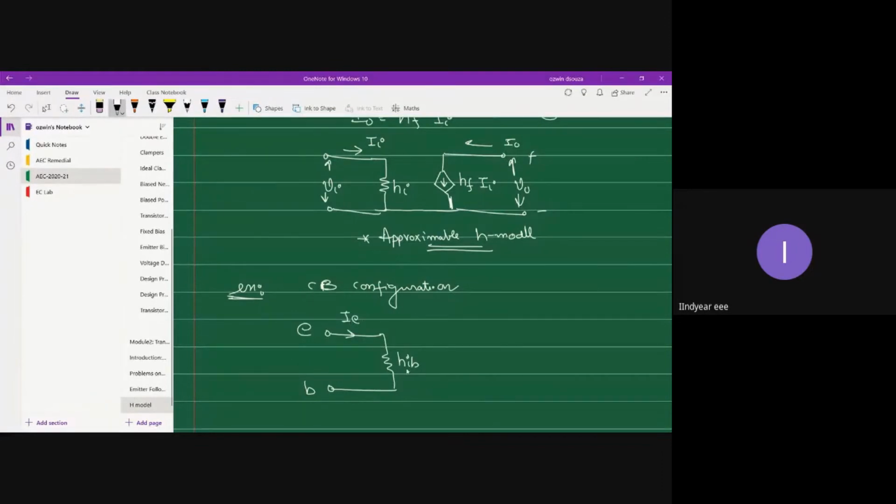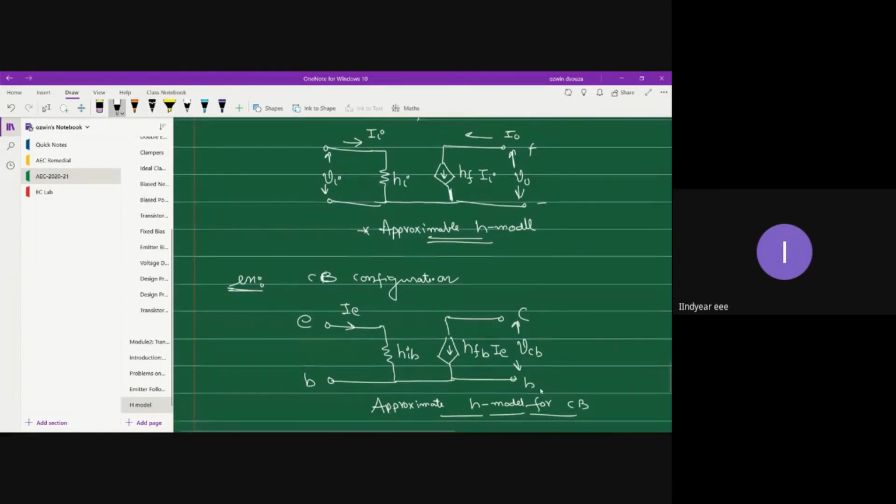This is your input current IE, and this is your output voltage, VCB, because base is common, emitter is your input, and collector is your output. And this would have been HFB into IE. This is your approximate H model for CB.